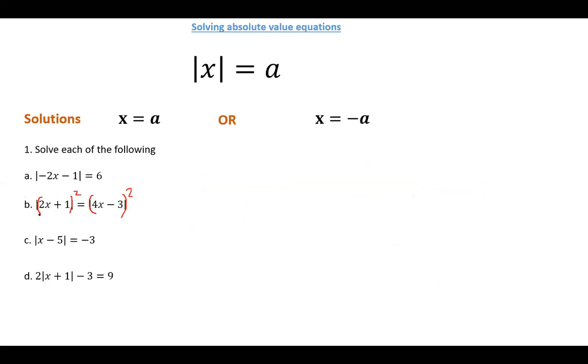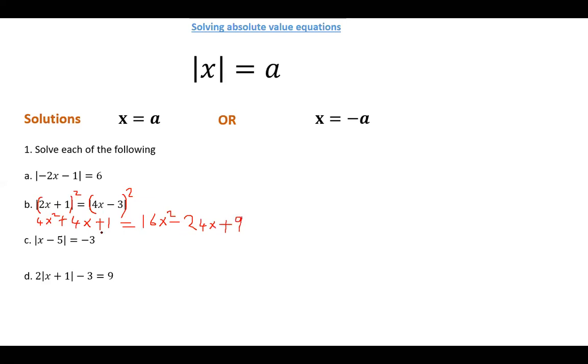When you square this side, you are going to have 4x squared plus 4x plus 1, being equal to, this side, 16x squared minus 24x plus 9.